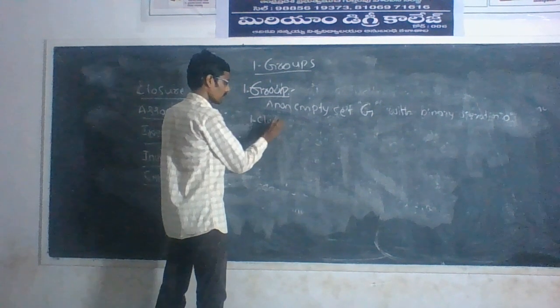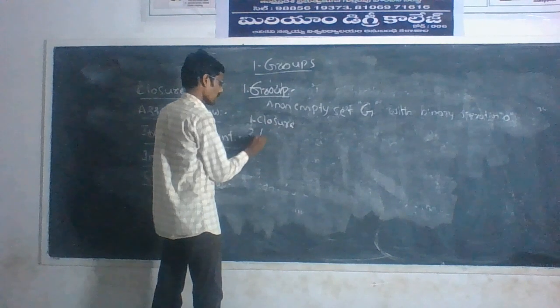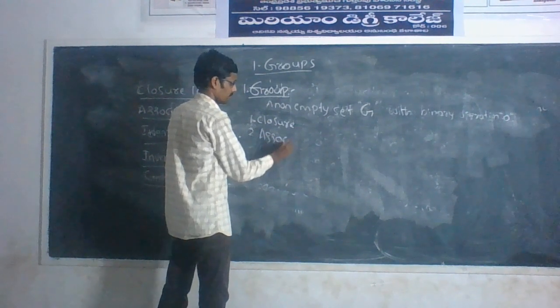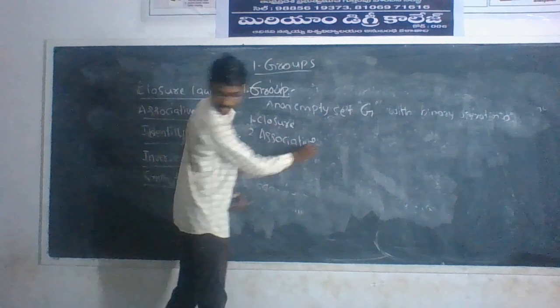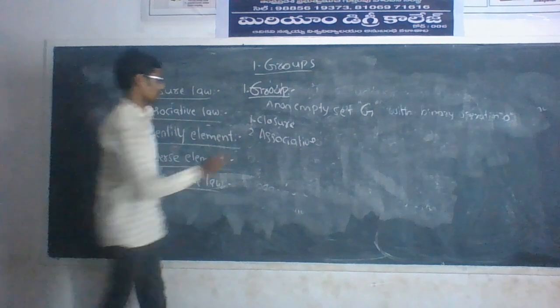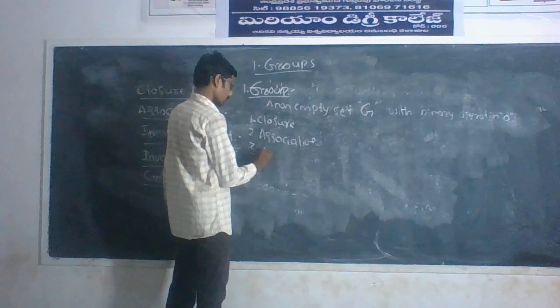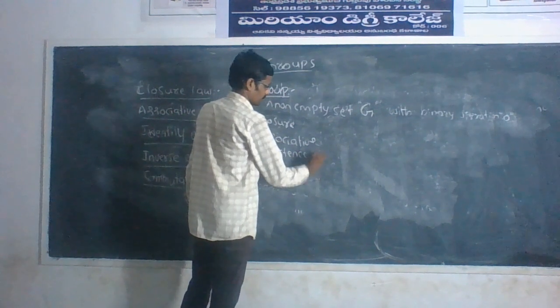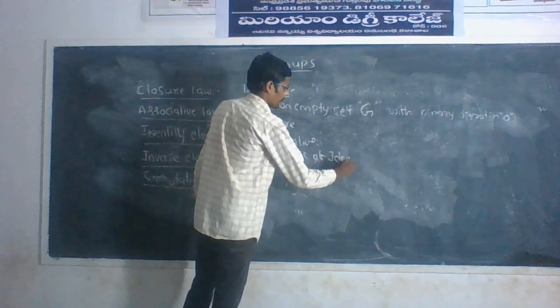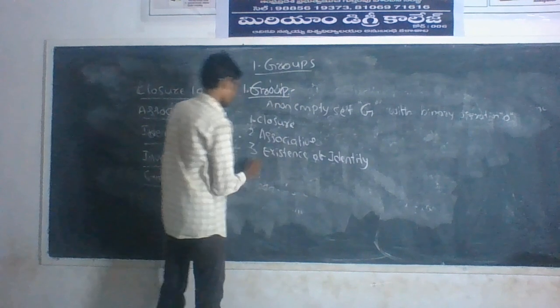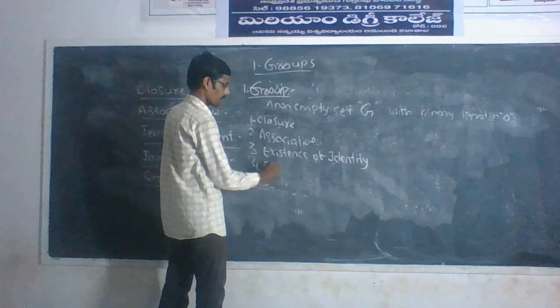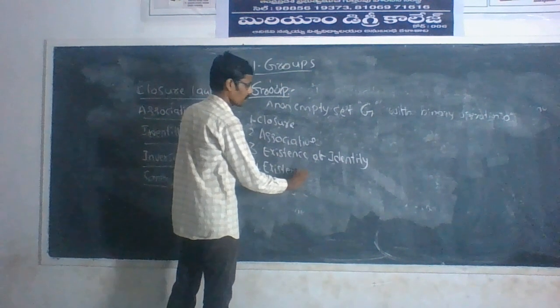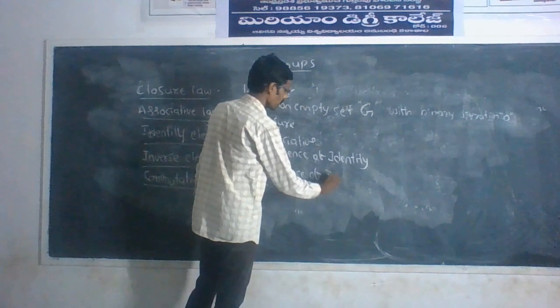First one, closure. Second one, associative. Third one, existence of identity. Fourth one, existence of inverse. This is called a group.